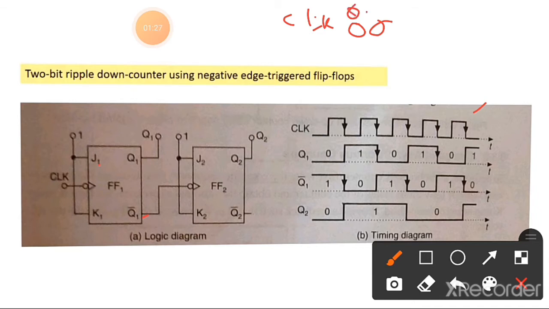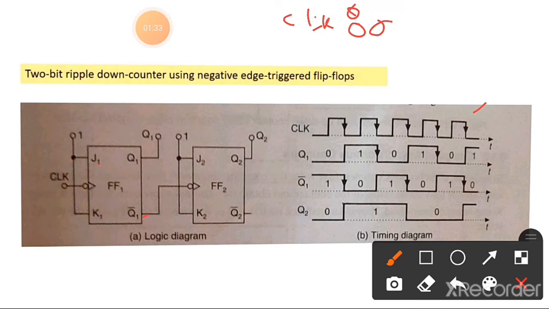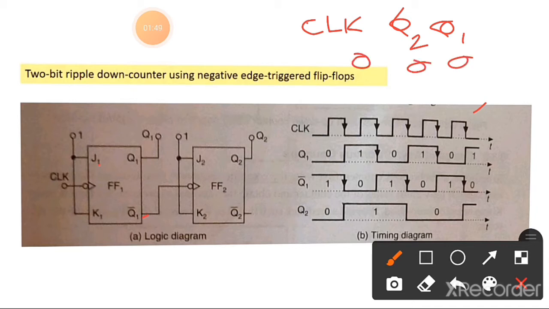This is Q2, and here it is Q1, and the clock. First one is Q2, then Q1. At the 0th clock, initially Q2 is 0 and Q1 is also 0.